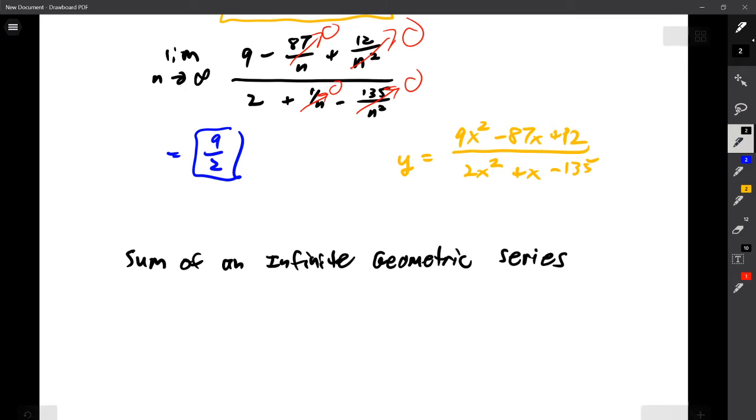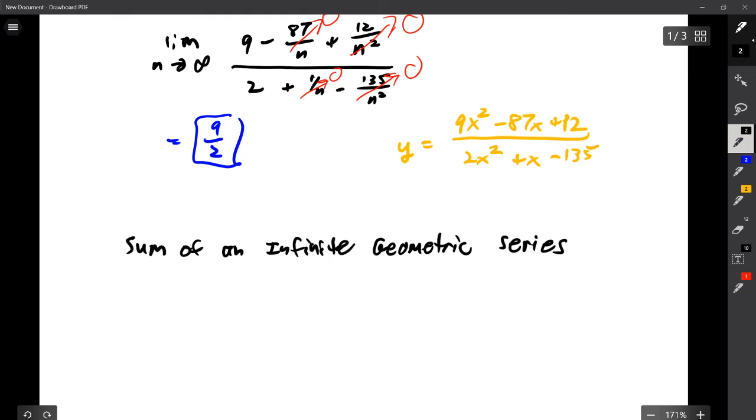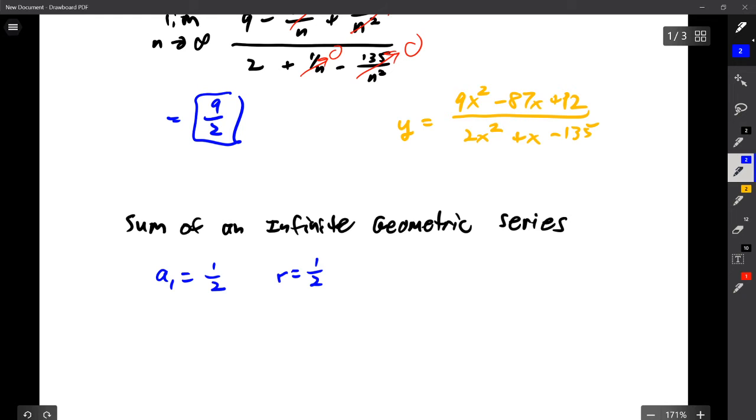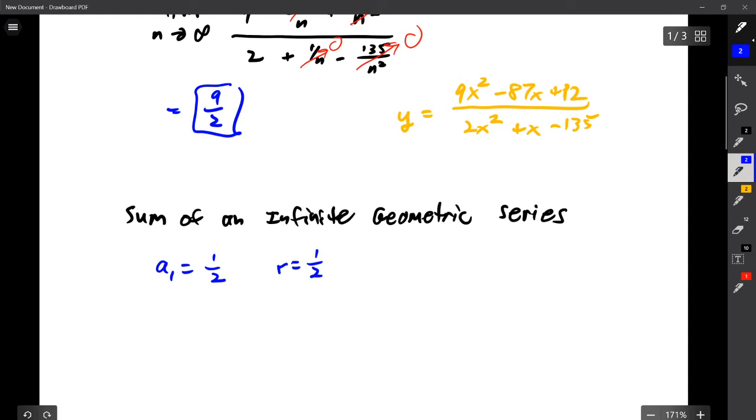All right, so geometric series, that's where to go from one term to the next, we are multiplying by some common ratio. And so let's just say we have one where a sub 1 is 1/2, and r is also 1/2. So we're starting out with the first term of 1/2, and then each term after that we cut in half.